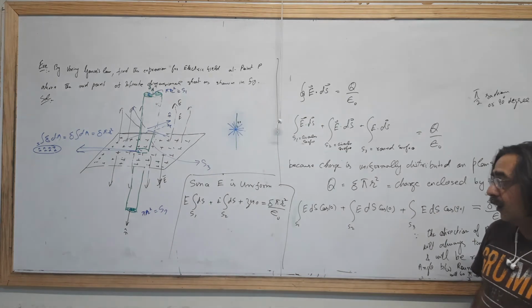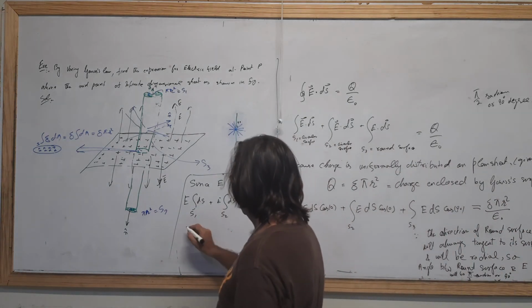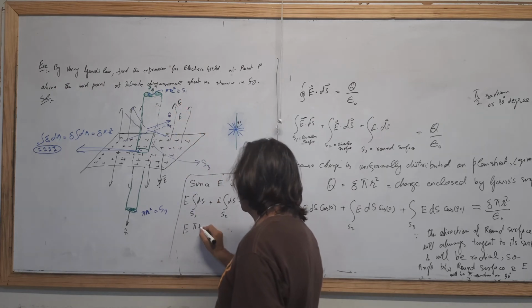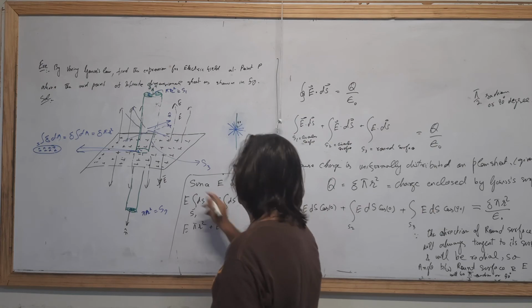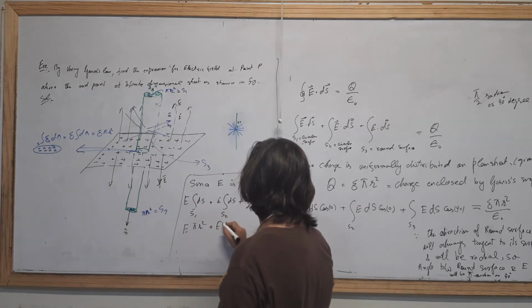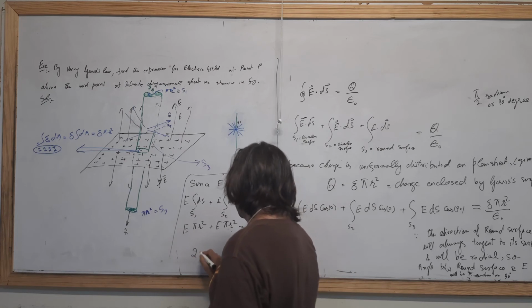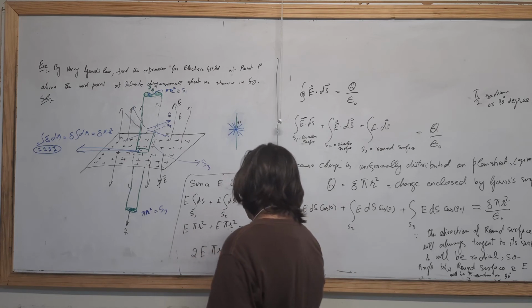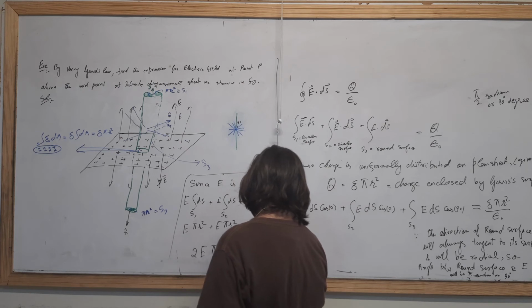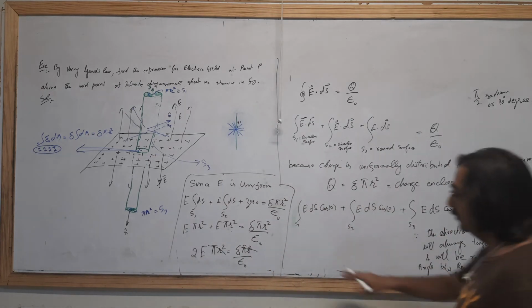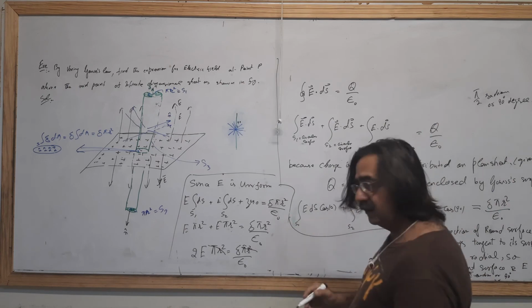So what is the area? We have already explained, that is pi r square plus E pi r square, because the radius is the same, equal to sigma pi r square over epsilon naught. You may write it as 2E pi r square equal to sigma pi r square over epsilon naught. So pi r square will be cancelled out. So what is the result?